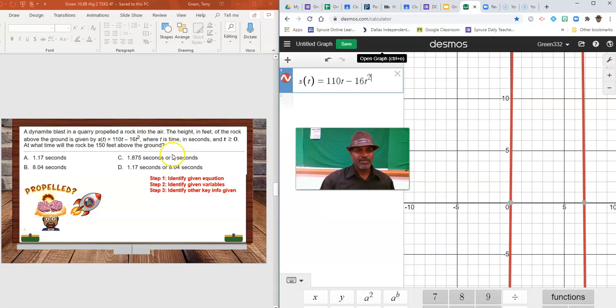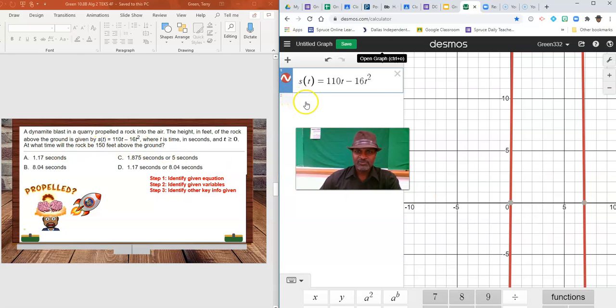We want to know, with time in seconds and t greater than 0, so we're only going to look at the axis greater than 0, which is fine. We don't care about that stuff anyway. It says, at what time would the rock be 150 feet above the ground?